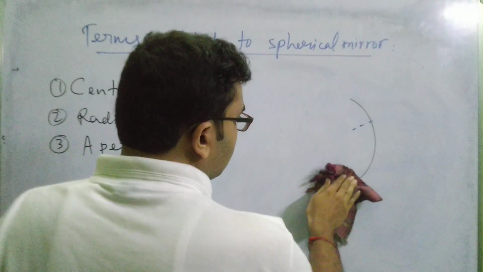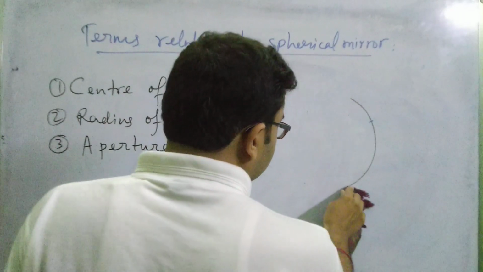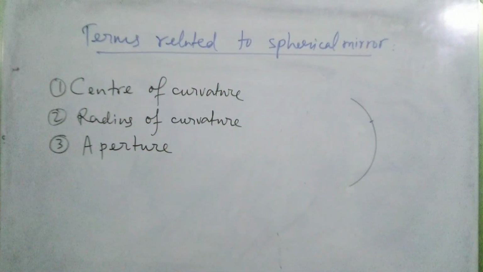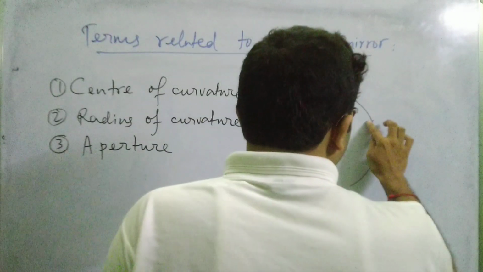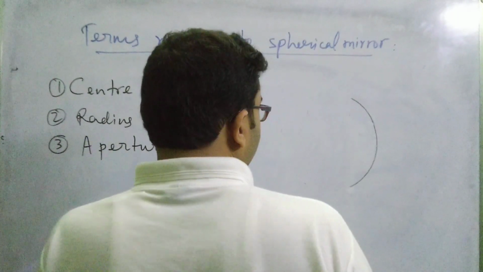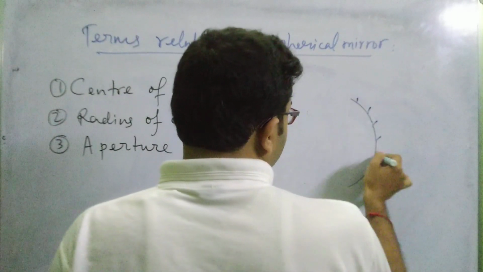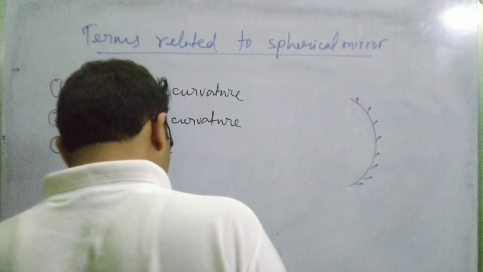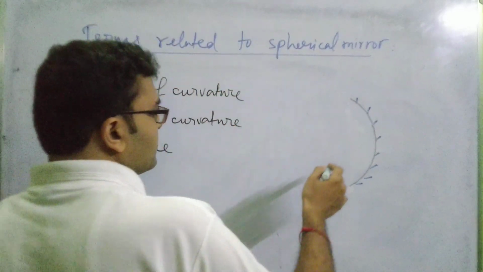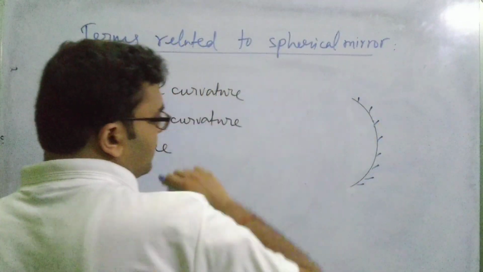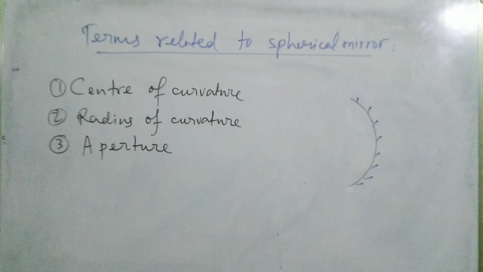Now, say this is a mirror. For a concave mirror, the outer surface is silvered and the reflection takes place on the inner surface. This inner surface that is exposed to light can be regarded as the aperture.